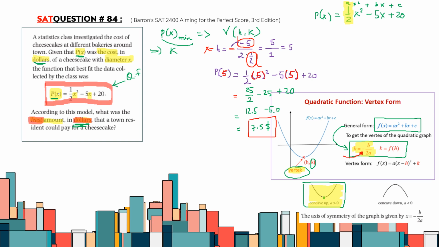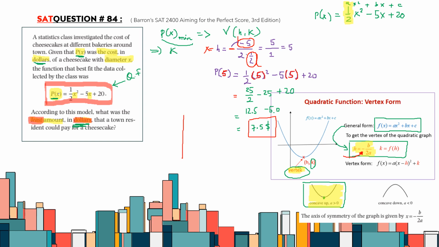In some questions, we can use the calculator as well. Don't forget to use your calculator if it allows you to, to save time. In this case, I just want to show you how we can handle it without calculators, but with a calculator, of course, you will save time. You don't even have to do all the work.